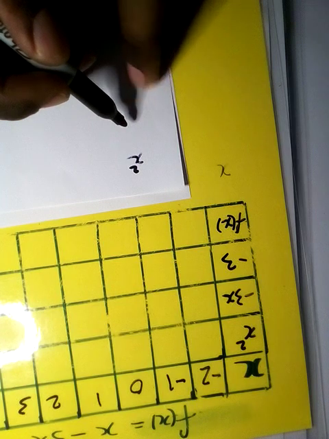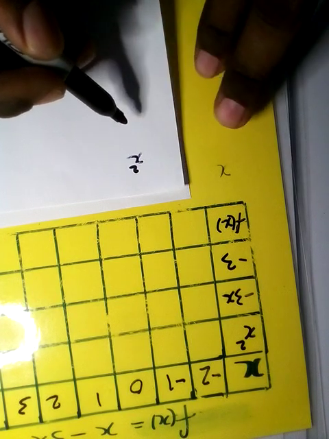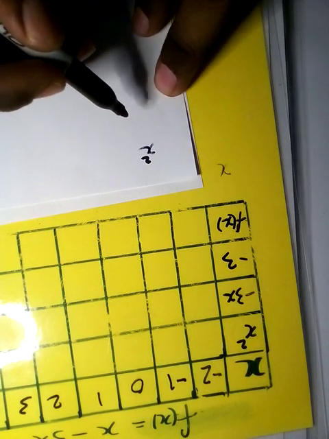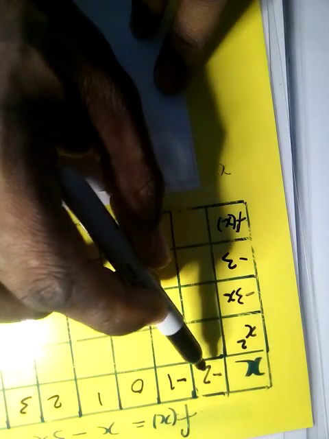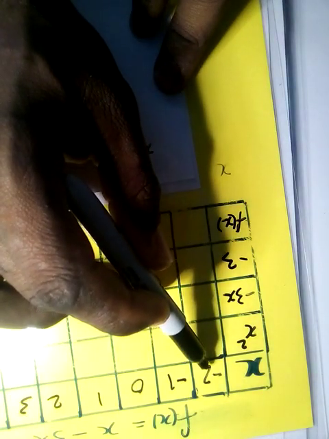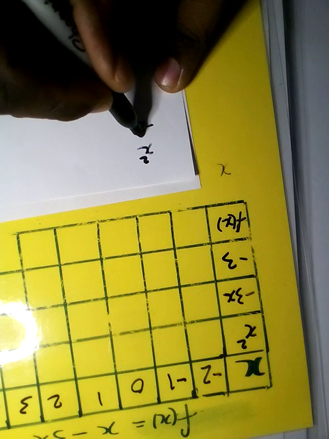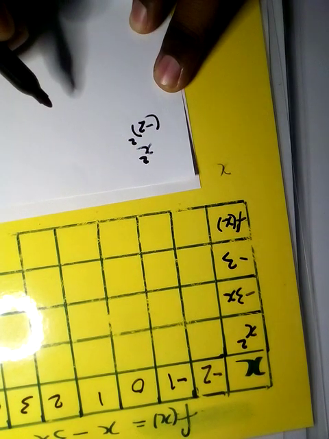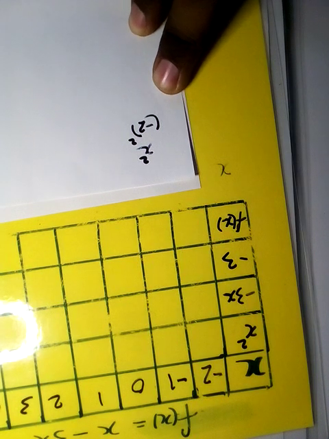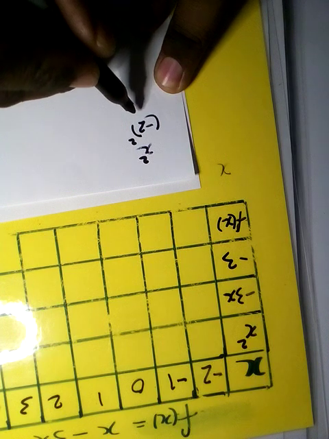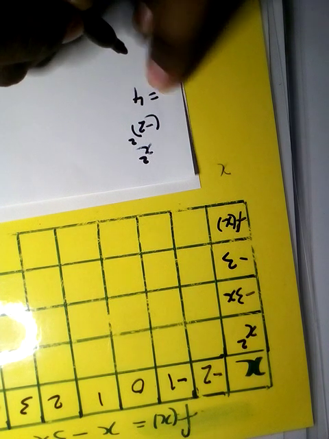We can do it manually and then go back and check our calculator for reinforcement. So x squared, what is x? In this case, the value for x is negative 2. So it's negative 2 squared, and when we square negative 2, we are going to get 4.